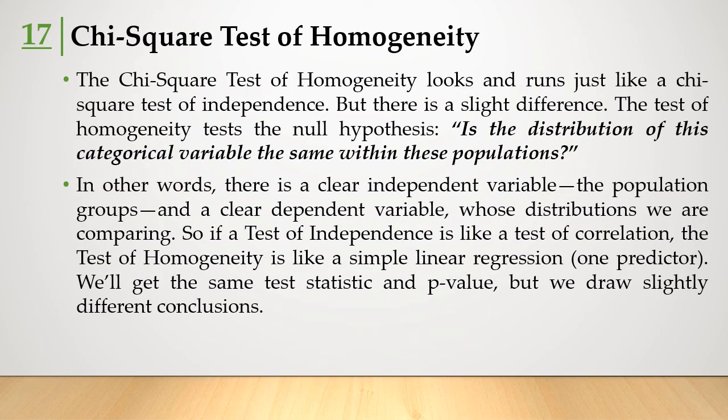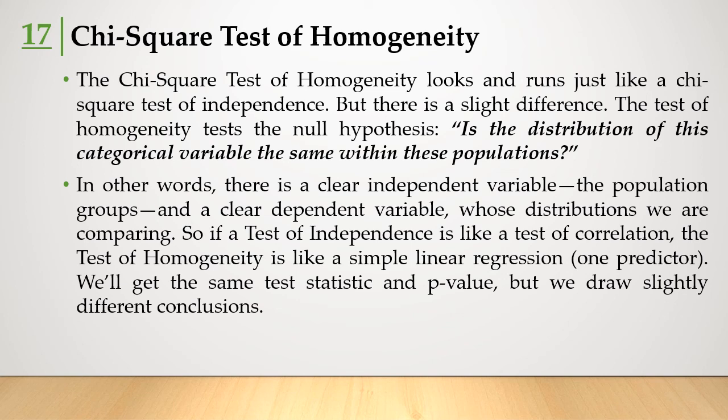Now, chi-square test of homogeneity. This one we won't do any calculation here. Basically, we will need it somewhere in the regression line. The difference is pretty much the same, but this one has a clear independent variable, that is the population groups, and then we have a clear dependent variable.